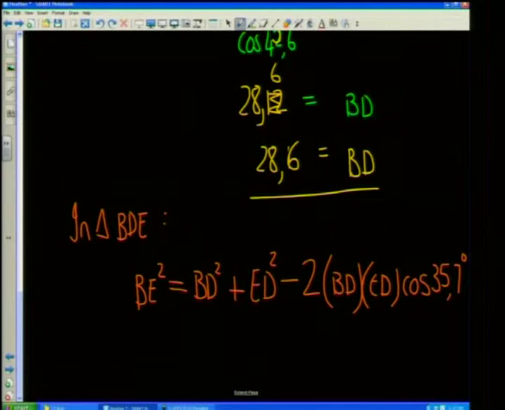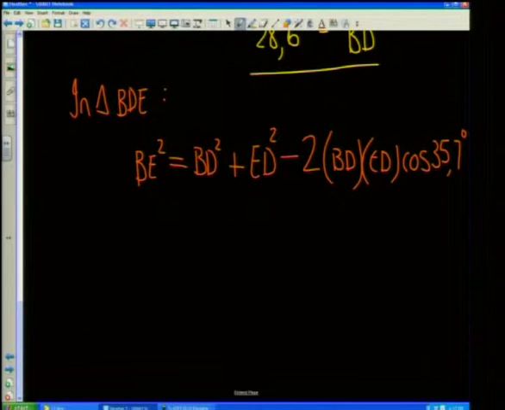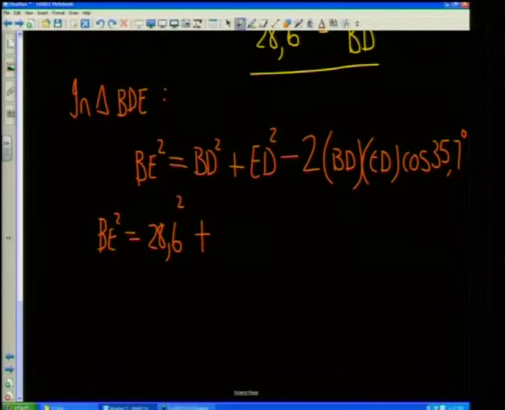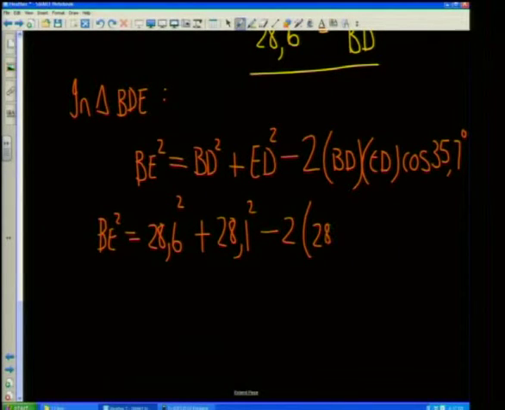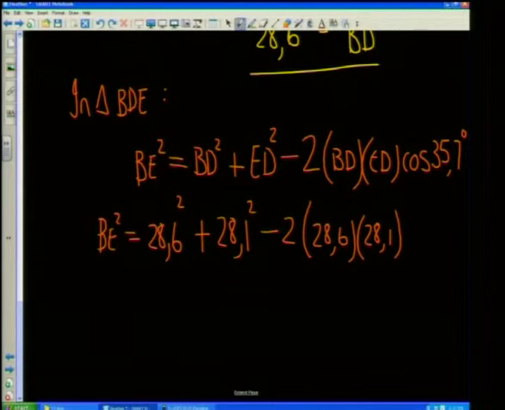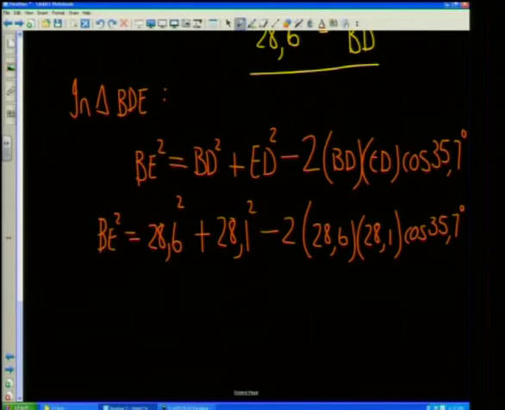Right, and now guys, it's really just calculator work once we have substituted all these values in. So my BD is 28.6, which I'm going to square. My ED is going to be 28.1, which I'm going to square. And I'm going to take away 2 times 28.6 times 28.1 times cos of 35.7 degrees.